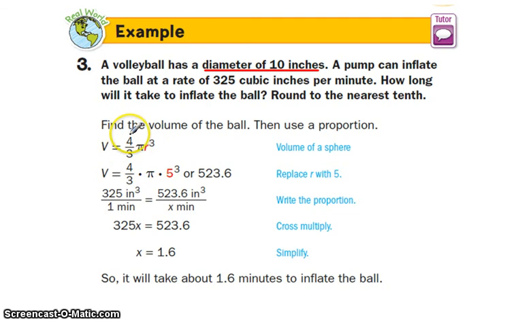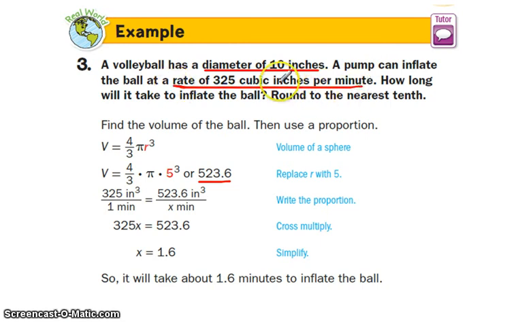Plug it into the formula, 4/3 times pi times 5 cubed. Here's our volume of the volleyball. But they don't just ask for the volume. They want to know how long it will take to inflate the ball. The other information they give us tells us the rate, and here's the rate.